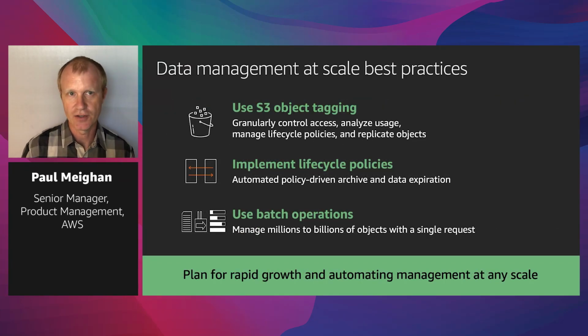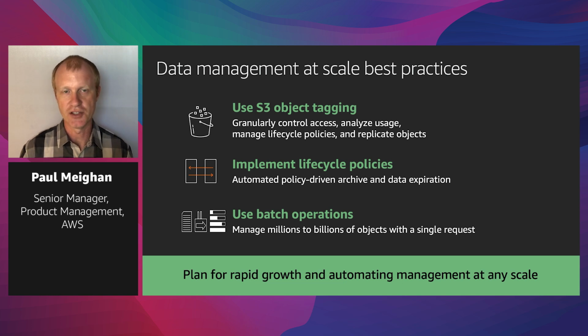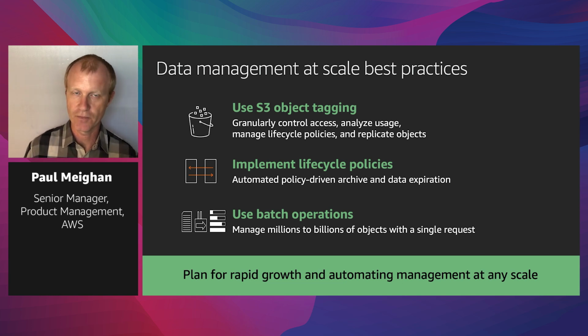Another thing that we like to mention from a general storage setup perspective is to really think about, before you start to load up your data lake, data management and how you're going to manage that data once it's there. You're touching all of your data as you're bringing it into the lake, so it's nice to think ahead on what you might want to do with your data as you're sticking it in. Specifically, I always encourage customers to take a look at object tagging on ingest.